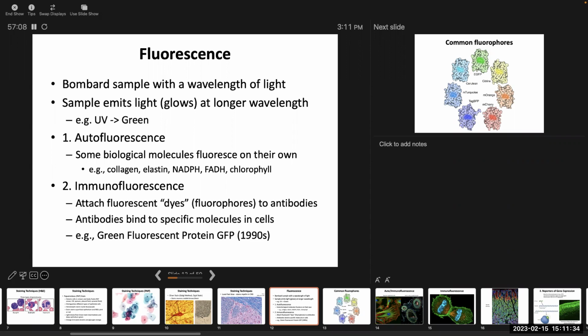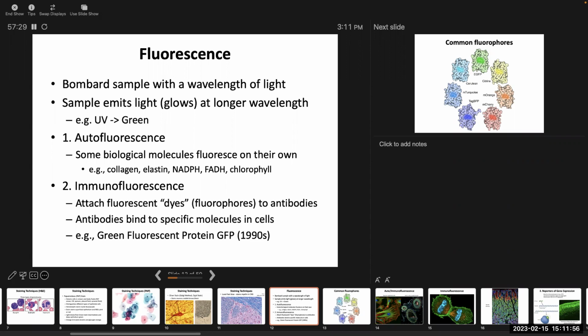So what you do is you have a set of fluorescent dyes, I put that in quotes, they're more accurately referred to as fluorophores. You attach one of these fluorophores to an antibody, and the antibody is going to bind to specific molecules in the cell.